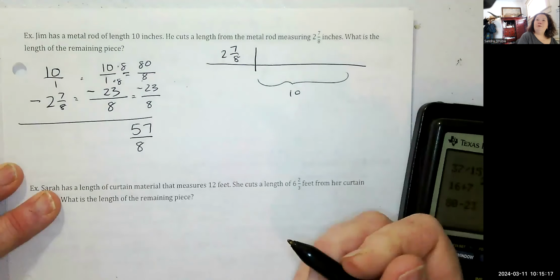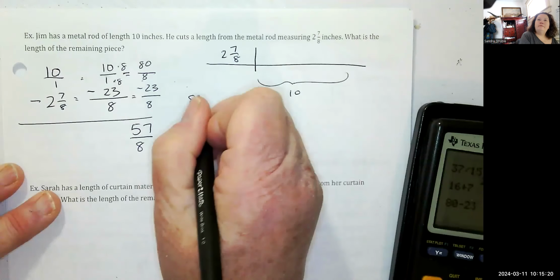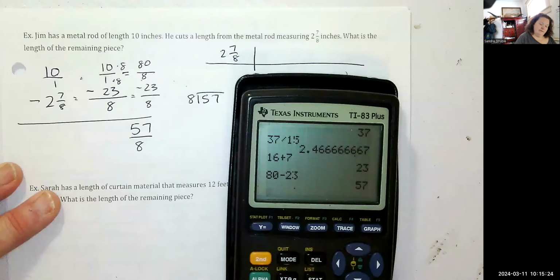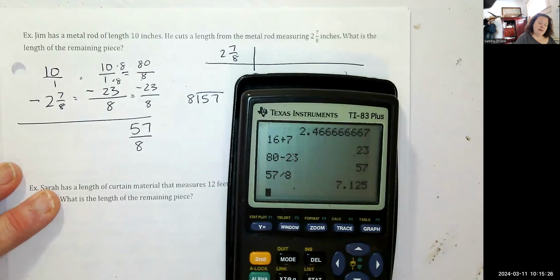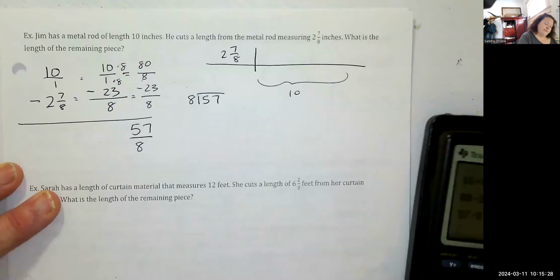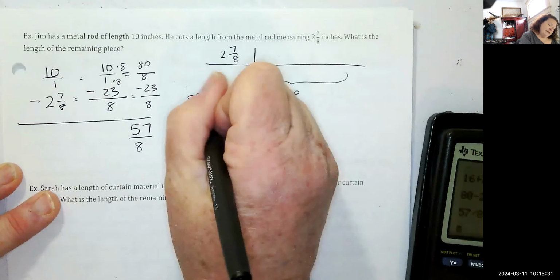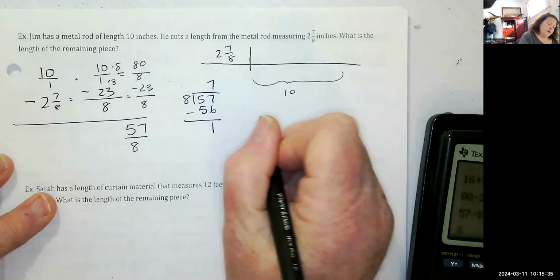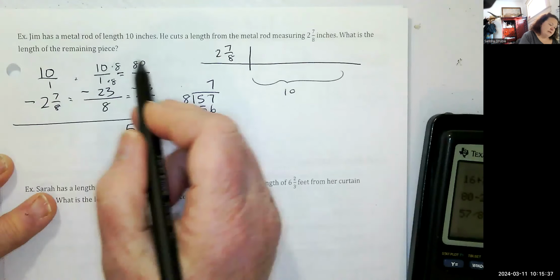We have to change that to a mixed number. Now, 57 divided by 8 is going to be 7. 7 times 8 is 56. Subtract it and we get 1. There's our remainder. So what is the length of the remaining piece?